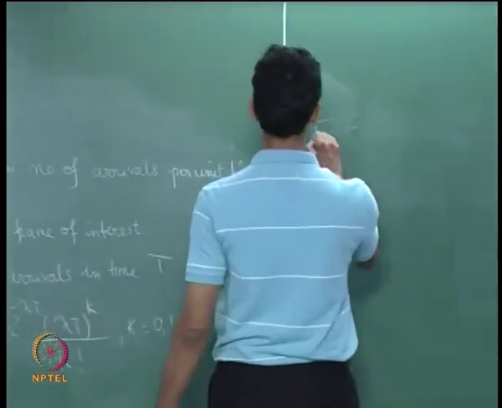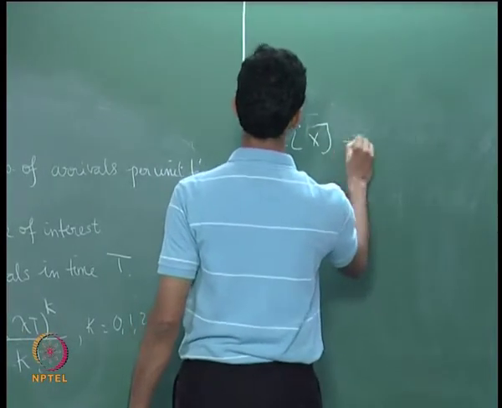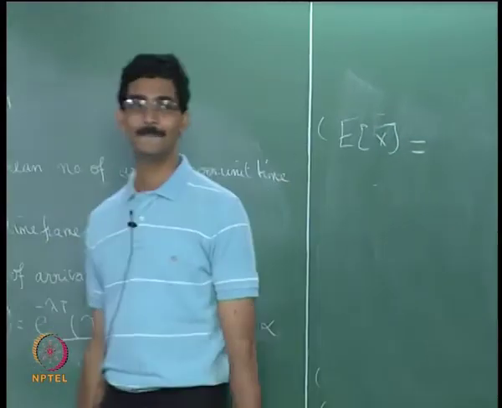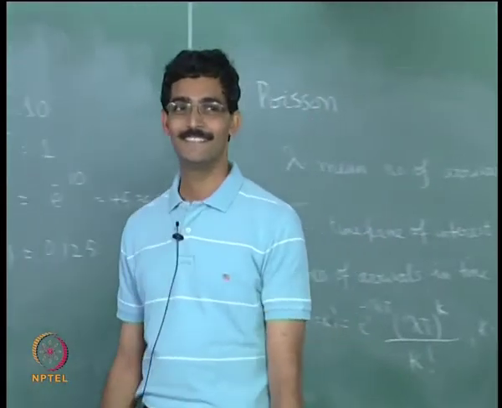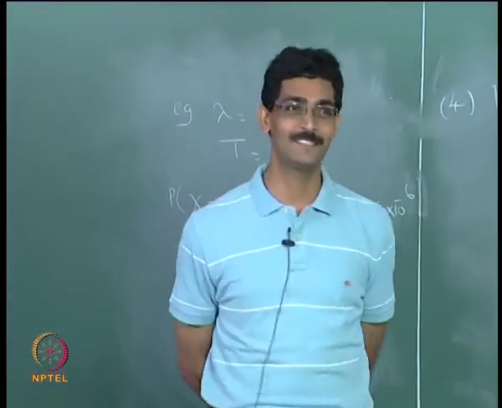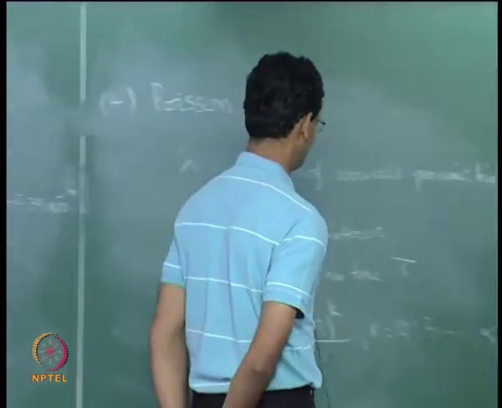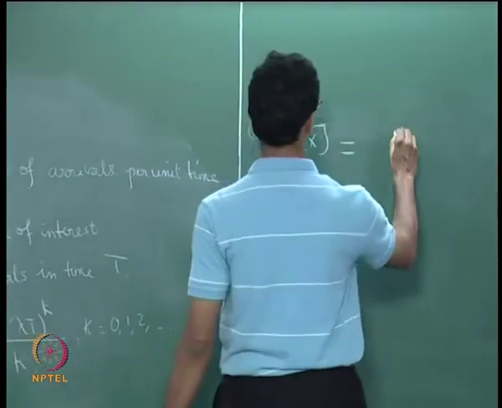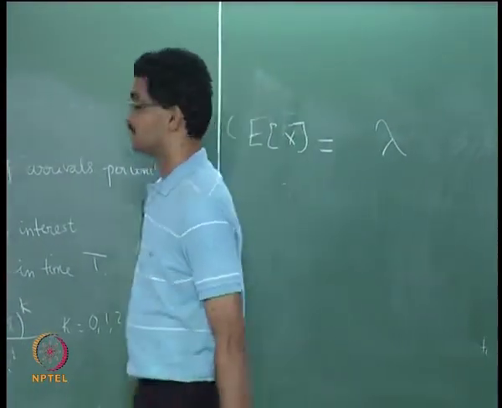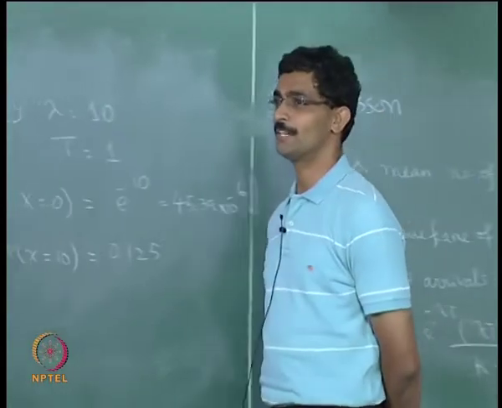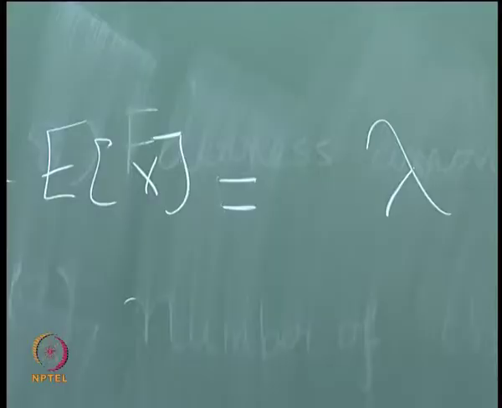And the expected value of x is lambda. So that is known, and if you want we can go back and derive that. So expected value of x is lambda, which is basically the number of packets per unit time. That is what the definition of the metric itself is.